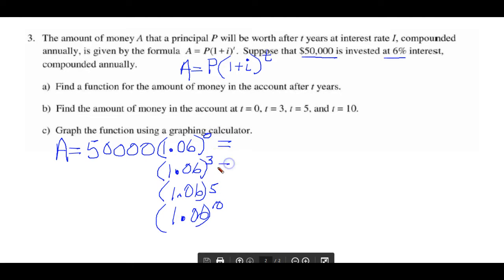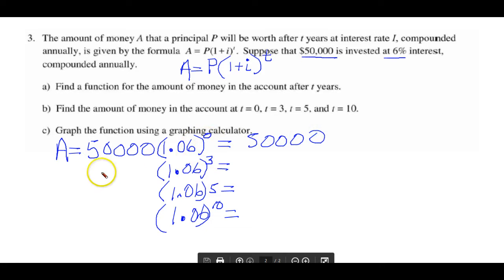Now, for all of these, what you will do is put this in your calculator. In fact, this one you don't, because you can figure it out. What is anything to the 0 power when you start? It's just going to be the 50,000.